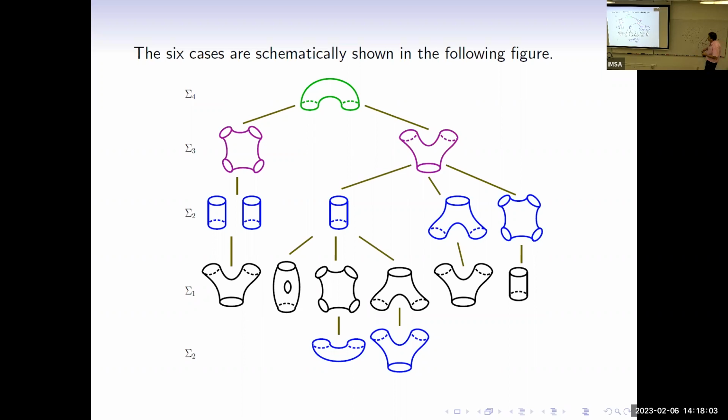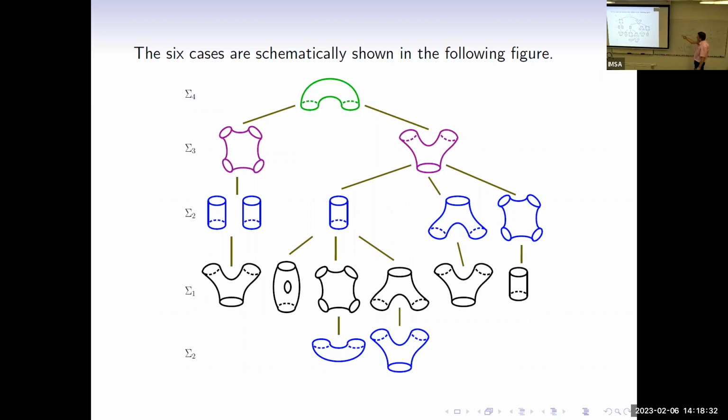For one of the other cases we have an annulus, then a pair of pants.